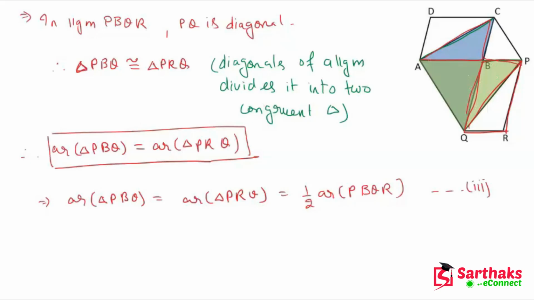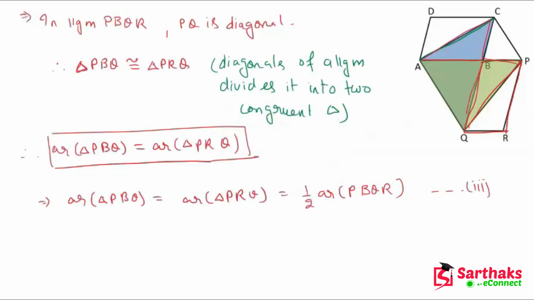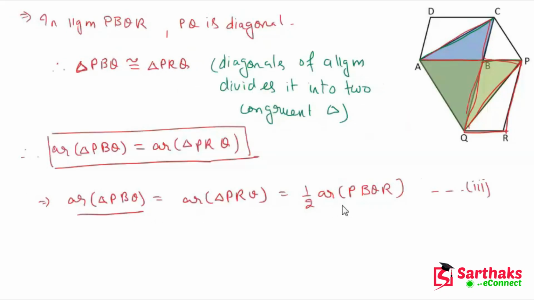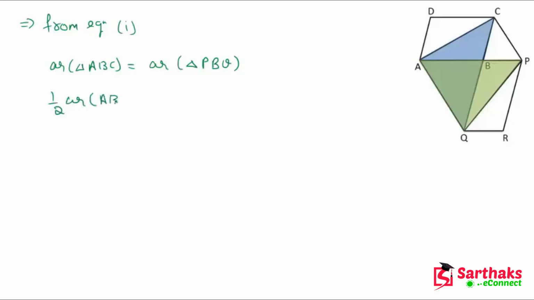From 2, area of triangle ABC is equal to half of the area of parallelogram ABCD.